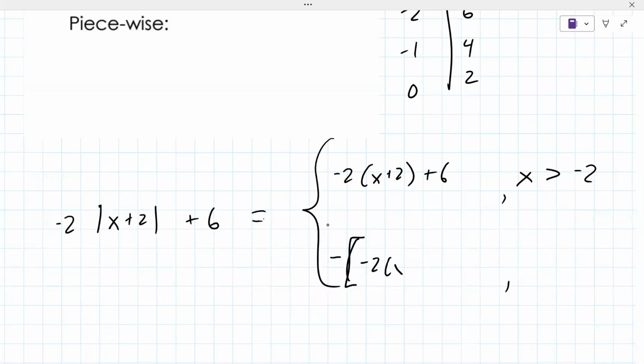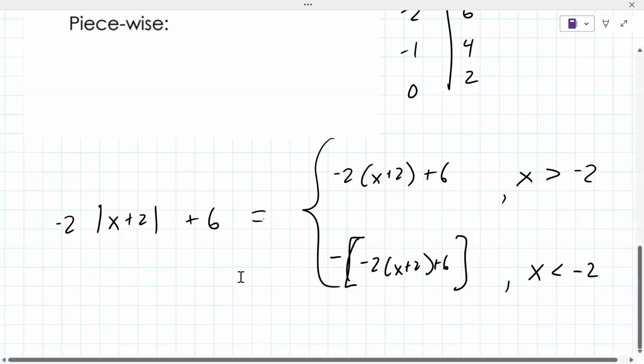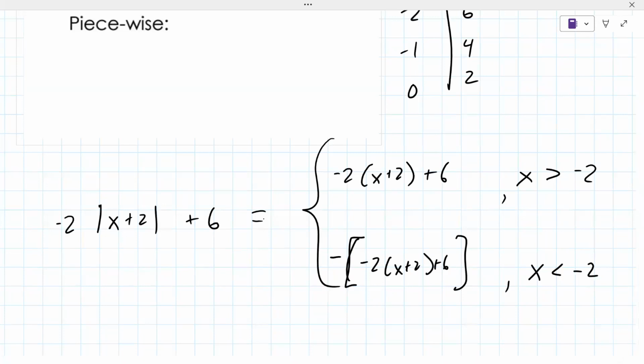Maybe we'll use brackets there, like that. So it's negative. Okay. And x is less than -2. x is greater than -2. All right.